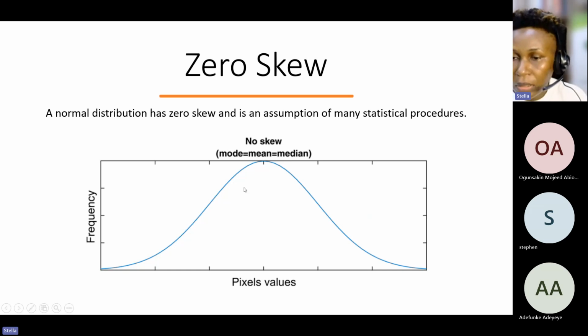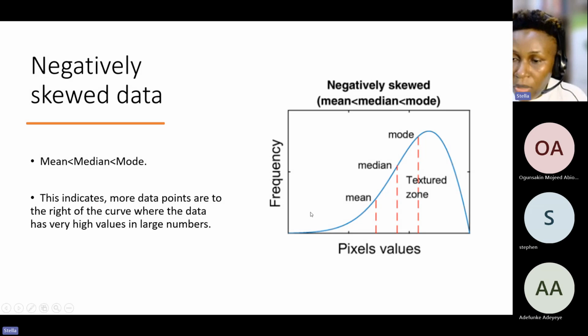Like our central tendency. But here you now have a scenario where your mean is less than your median and your median is less than your mode. Or in reverse, you can say your mode is greater than your median and the median is greater than the mean. So in this kind of scenario, the large values in your data set, the chunk of your data, is skewed towards the right part of the curve.